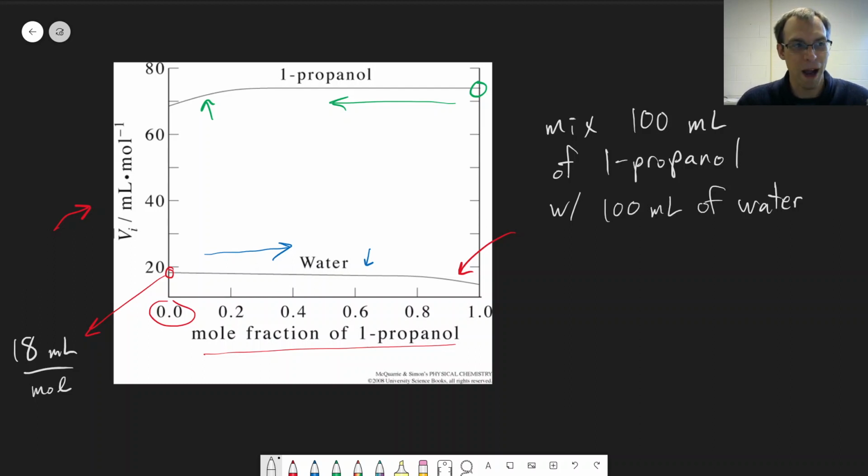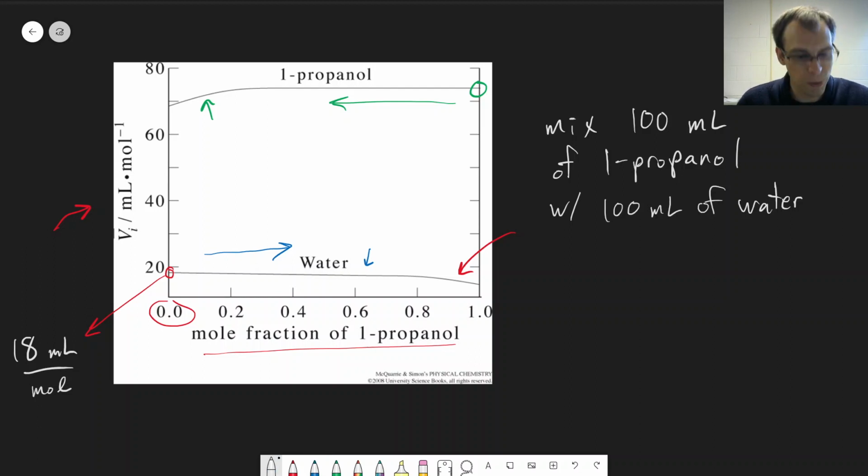But the amount of space a mole of each of these takes up changes when they're mixed together. Because we'd be at 100 milliliters of each of these, we'd have to figure out the exact mole fractions here because the densities are different. But you have some mixture between these.